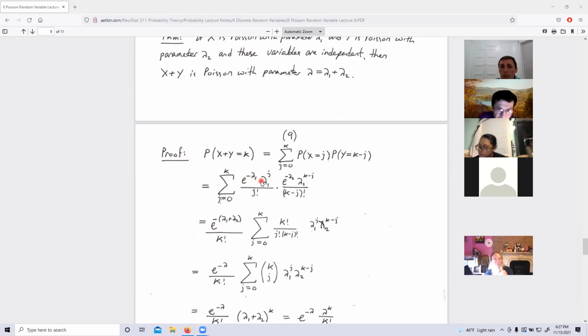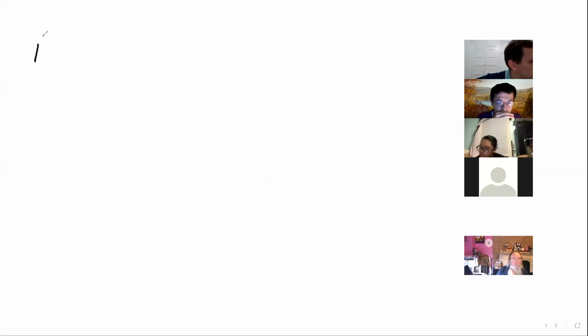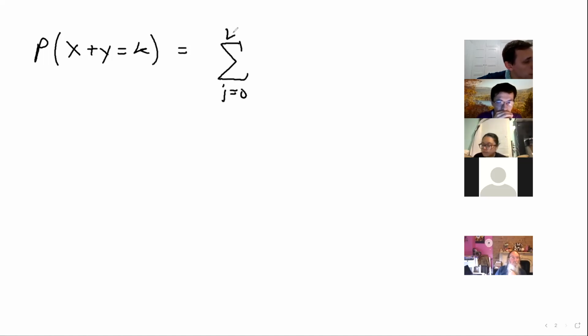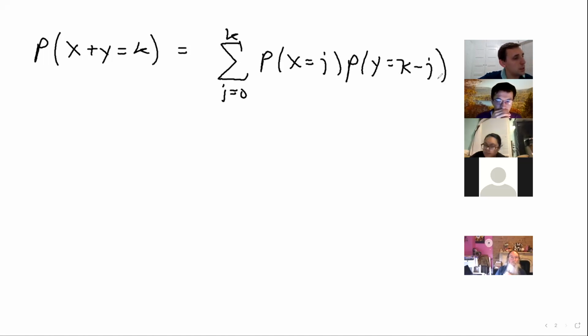Now, what I want to see is that it looks almost like a complete binomial theorem, you see, for k trials. You see what I'm talking about? Let me just write it again. So this is what we just calculated: probability x plus y equal to k. We said this is the summation j equals 0 to k of probability x equal to j, probability y equal to k minus j. Agreed?